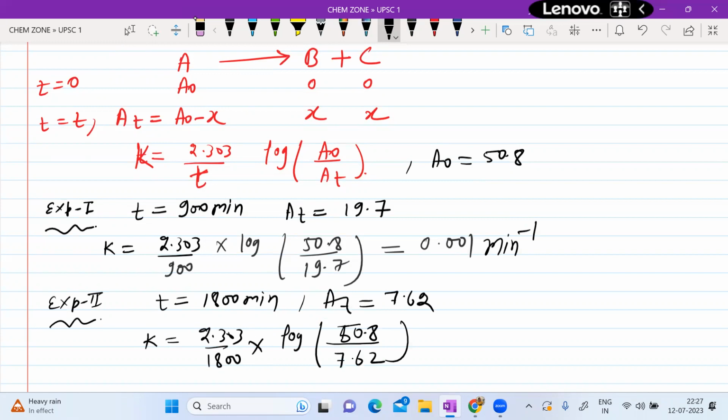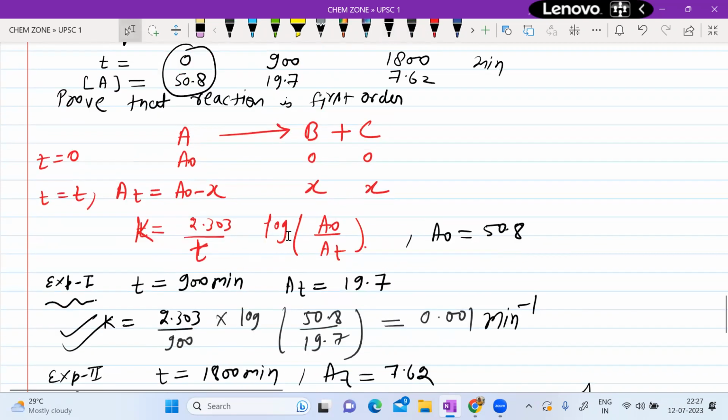The value of k will also come the same. So this data suggests that the reaction is first order, as at every time given in the question we get the same value of rate constant, which suggests the reaction follows first order kinetics.